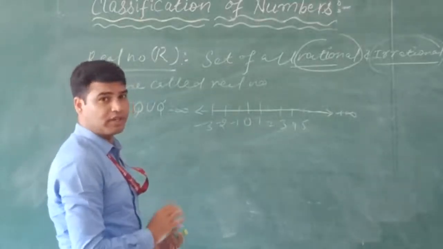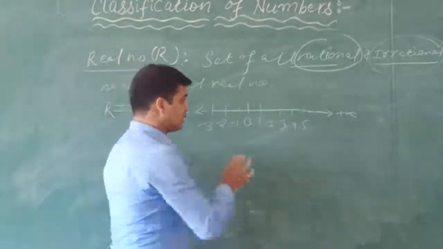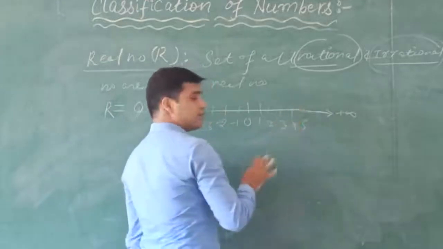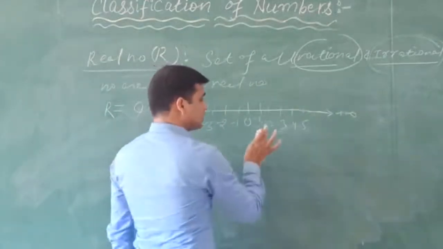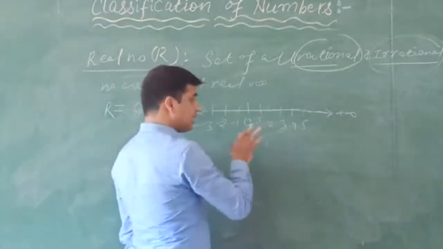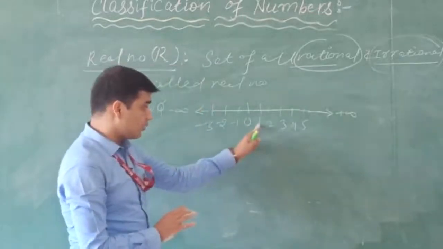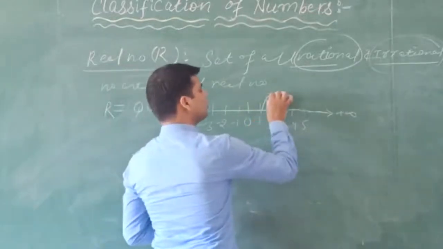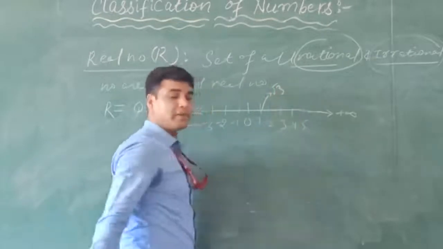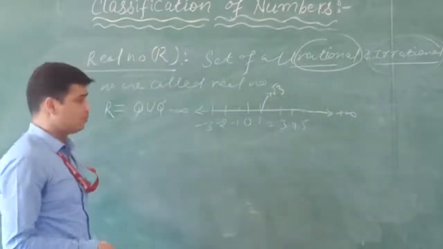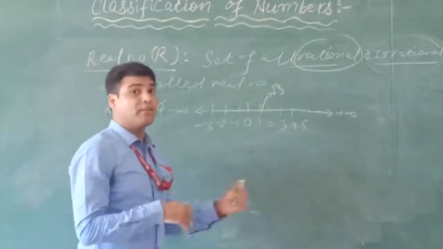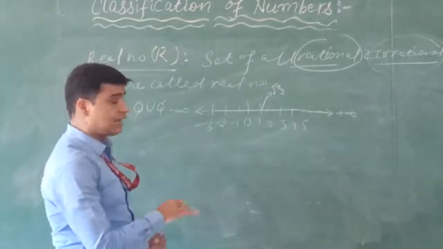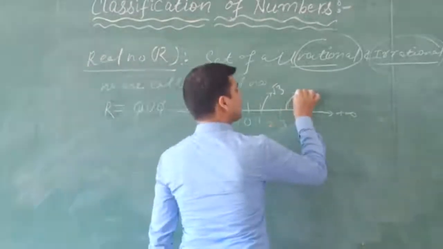Root 3 is 1.7320508 and so on, so it lies between 1 and 2. So here I am writing root 3. What is the value of pi? Pi is 3.1415 and so on, 3 point something, so greater than 3 and less than 4. So pi will lie here.